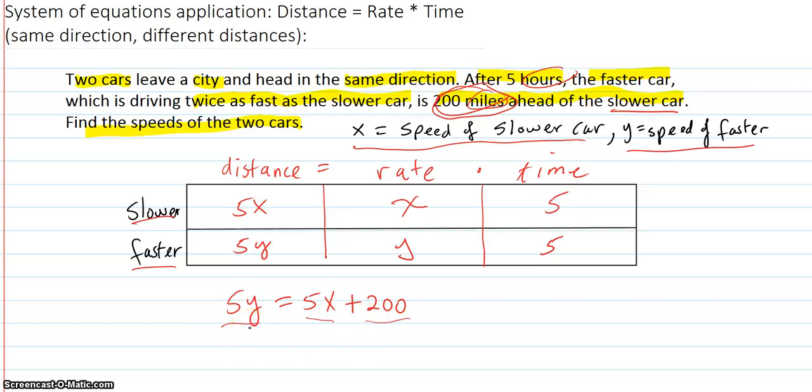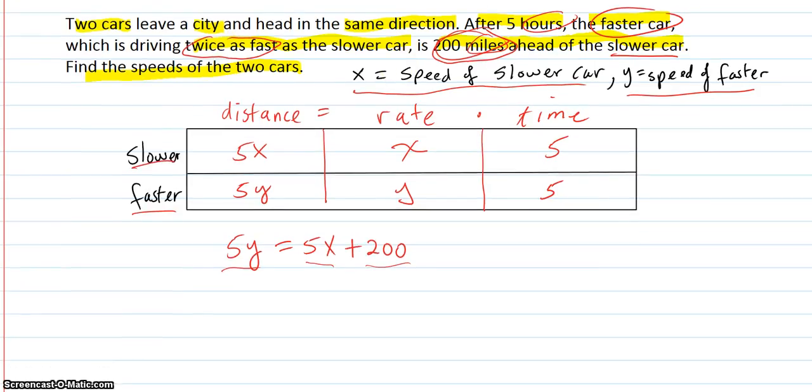So that's one equation. What about another equation? The faster car is driving twice as fast as the slower. So the faster car, which is driving y miles per hour, is twice as fast as the speed of the slower. So there is your system.